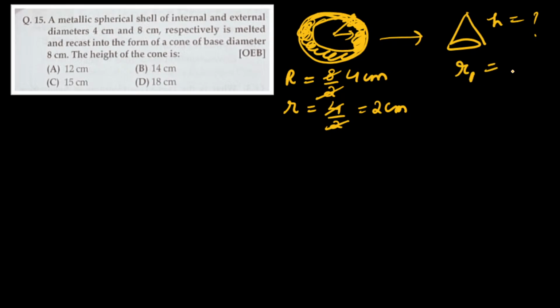So r1 is 8 by 2, because radius we can find by dividing diameter by 2. So that is 4 centimeter. So both dimensions I have written, dimensions of the spherical shell as well as the cone. Recasting is happening here. So since recasting is happening, we have to make use of the concept of volume.